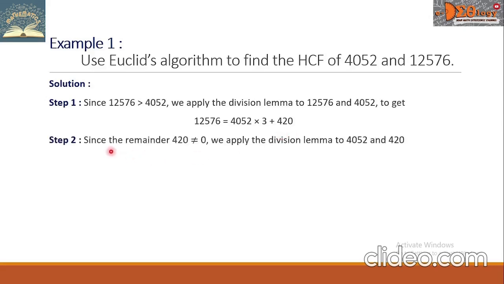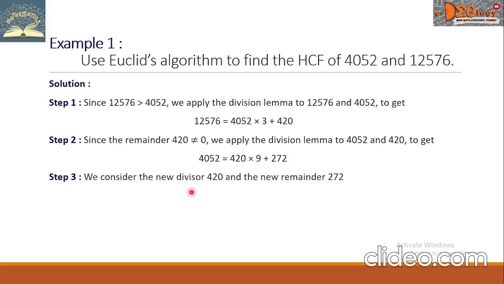Step 2. Since the remainder 420 is not equal to 0, we apply the division lemma to 4052 and 420. So we have 4052 divided by 420. So we get this equation. 4052 equals 420 times 9 plus 272.